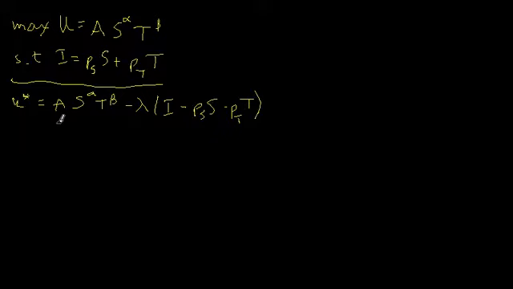And so we want to take the derivative of this function with respect to each of the variables, S, T, and the Lagrangian multiplier, lambda, and set those three partial derivatives equal to 0.